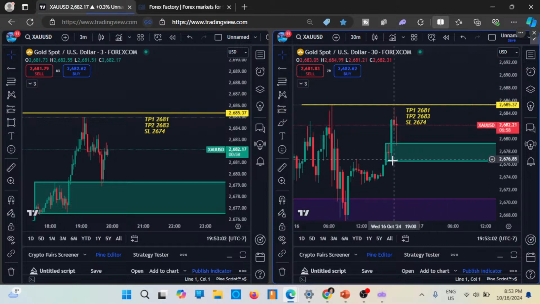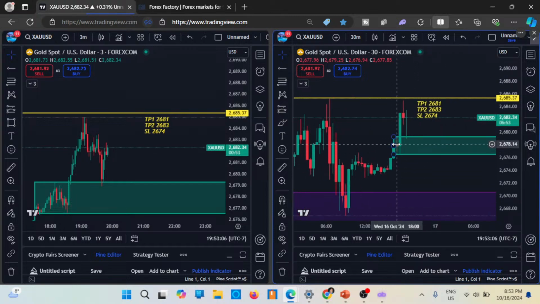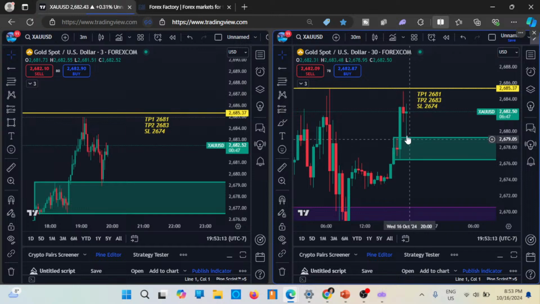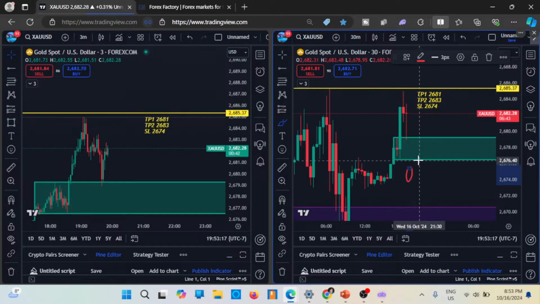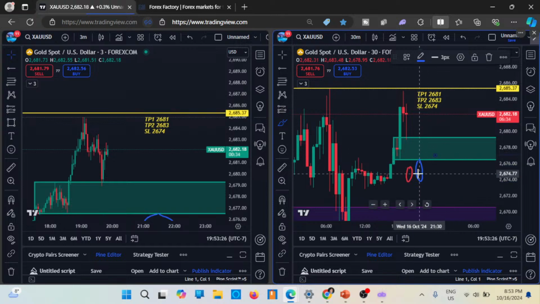Now, how did I know this is a support? Well, it's because we see the formation of a red candle followed by a green candle. Whenever there is a red candle followed by a green candle, this is support.